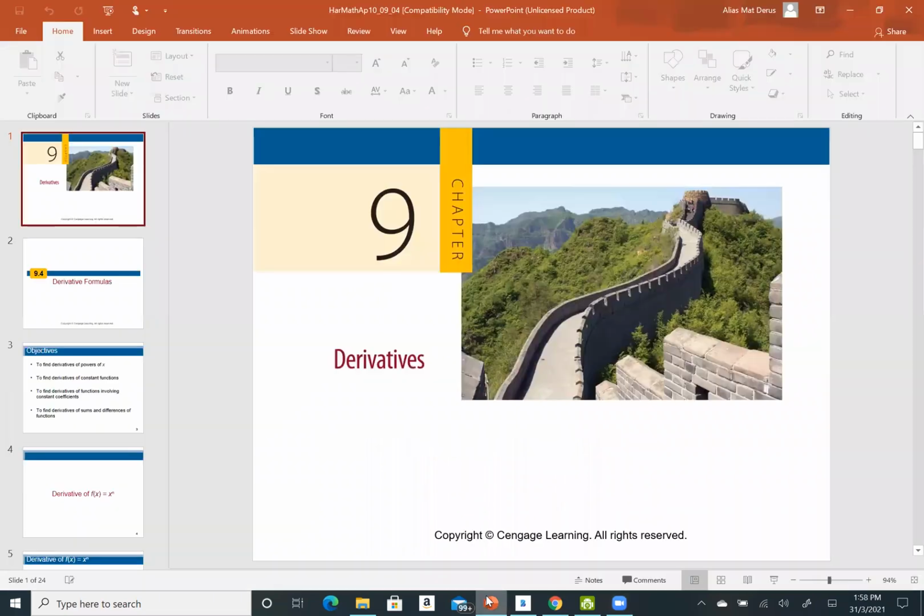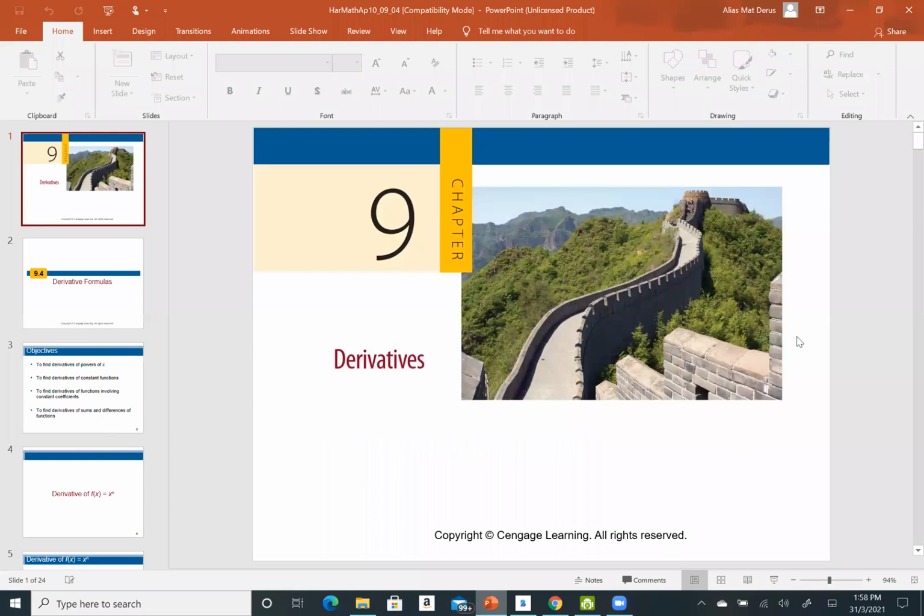So first rule. It's not difficult, right? Like I said earlier, because there are rules. Now the rules are, rule number 1. This is called the power rule. If you have a function of the form f of x equal to x to the power of n, where n is the real number, then what is the derivative of the function?